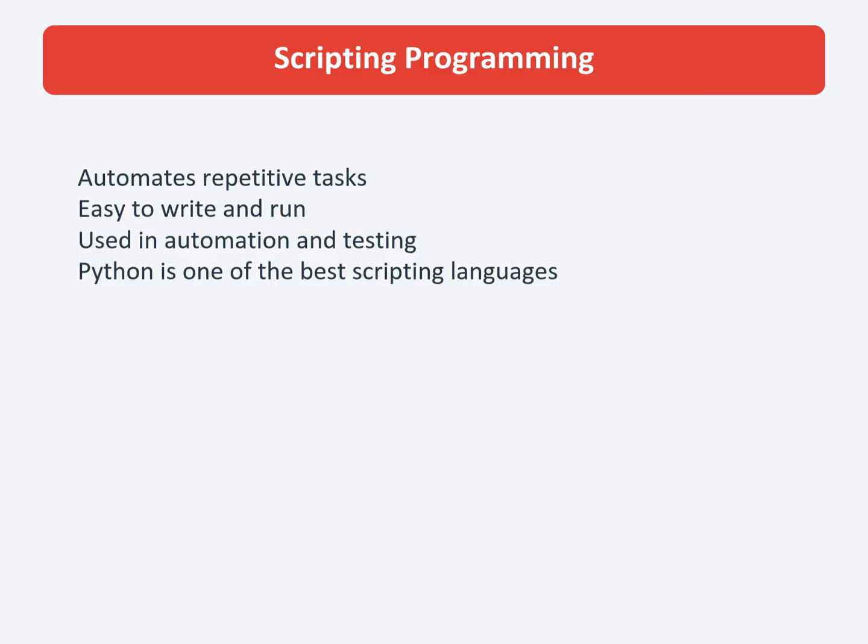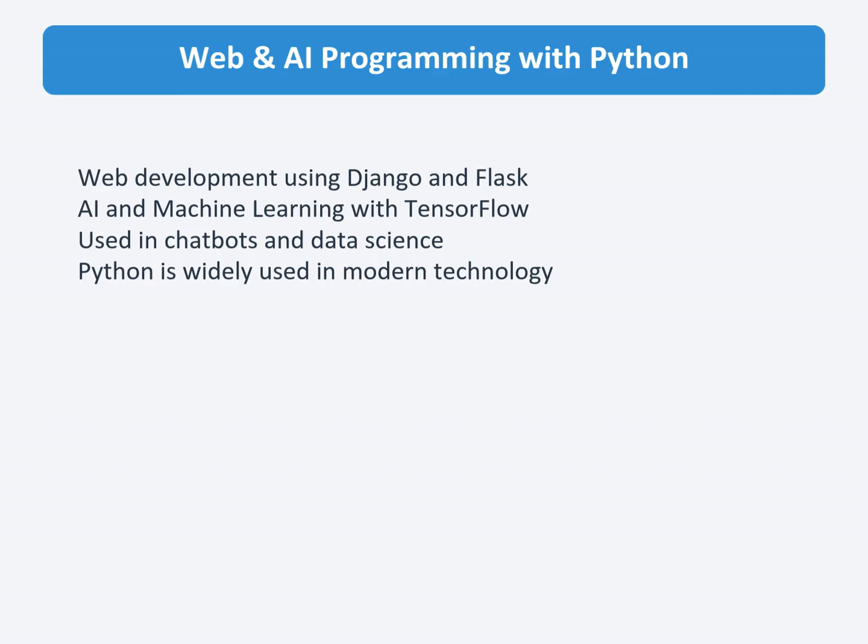And the next one is web and AI programming with Python. What is it? Web development using Django and Flask, AI and machine learning with TensorFlow, chatbots, and data science. Python is widely used in modern technology. Why are we saying this?